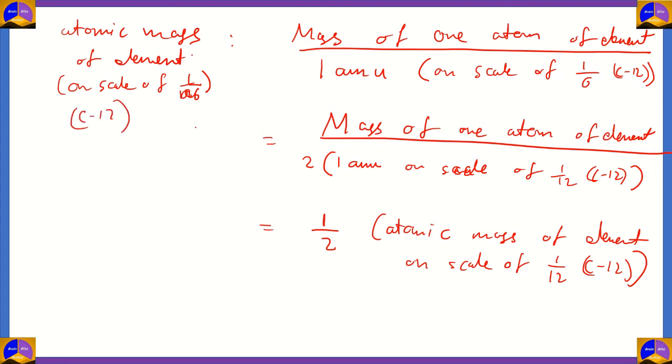So basically, you are multiplying the atomic mass of an element by 1 by 2 in order to get the atomic mass of an element on the scale that 1 by 6 of carbon-12's mass is taken as 1 AMU.